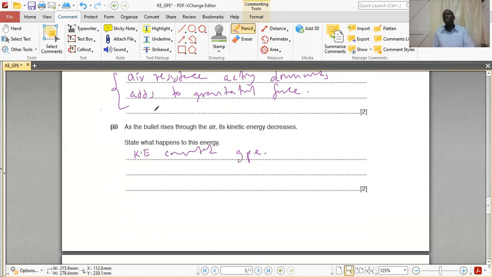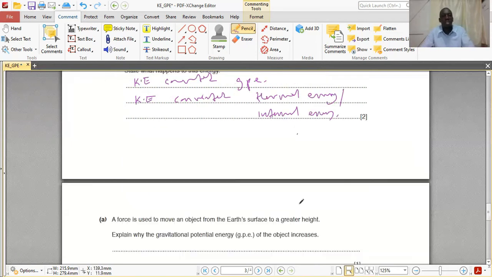And we have mentioned the air resistance here, so some of the kinetic energy is also converted to thermal energy, or the internal energy, or it can just be together. Thermal energy we see related to the environment, and also the internal energy of the body. So that is how we respond to such a question.